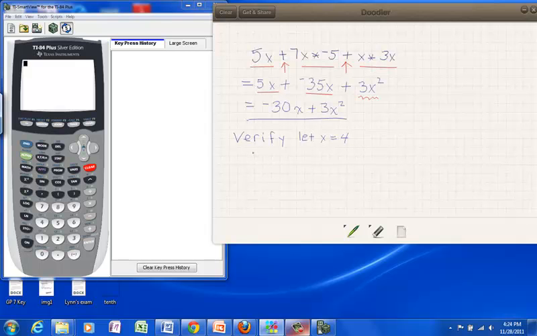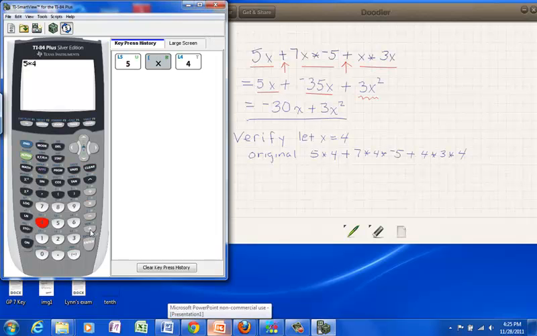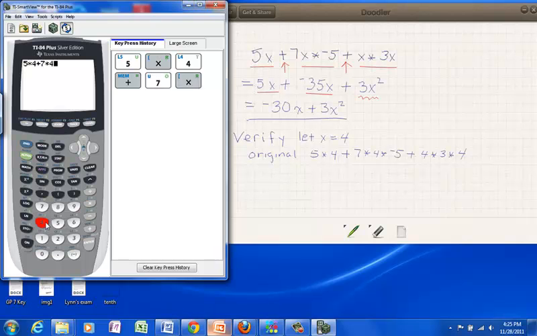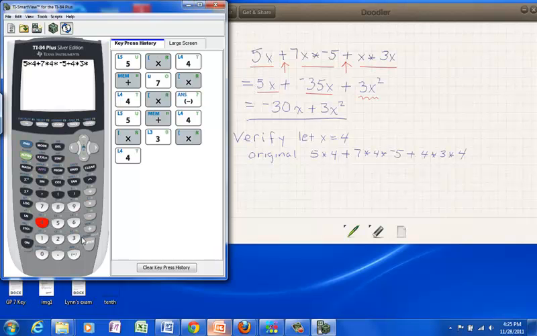So going back to the original expression, and I'm going to do that all in one step on the calculator. That result is negative 72.